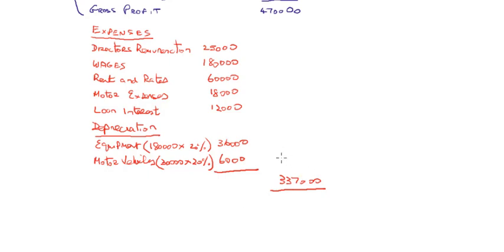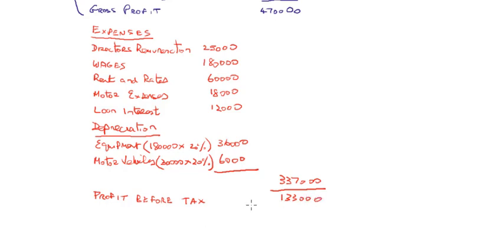So the gross profit was 470,000, and we subtract from that the 337, and we get the net profit, or in the case of a company, what we refer to as profit before tax, PBT. The profit before tax is 133,000. So that's the real profit of the business, the bottom line.